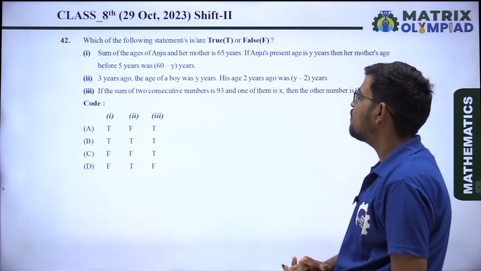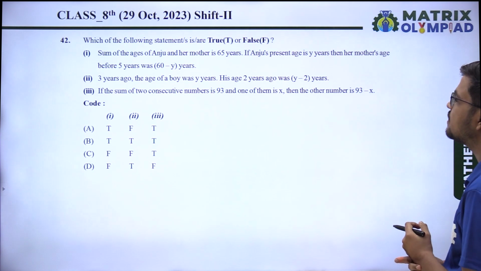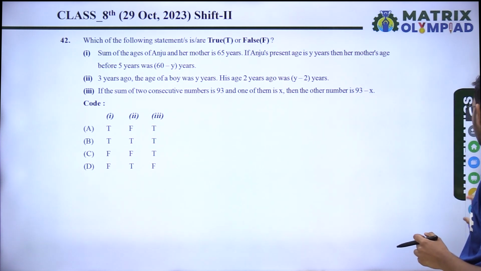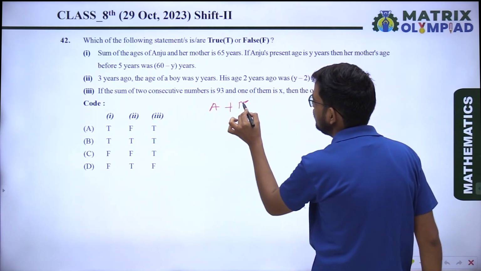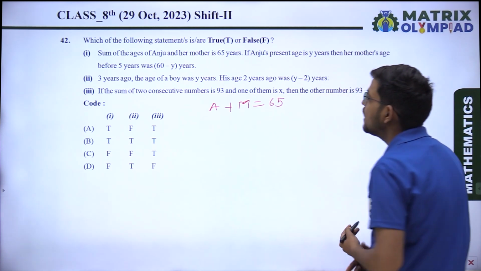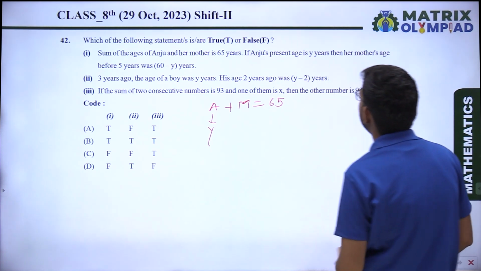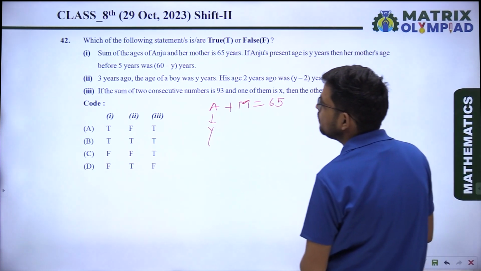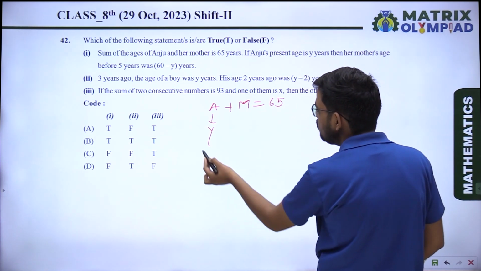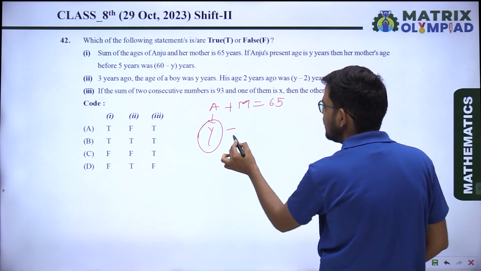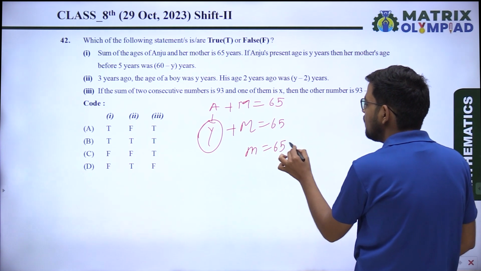Next question, which of the following statements is true or false? Sum of the ages of Anju and her mother is 65 years. If Anju's present age is y, then her mother's present age is 65 minus y.